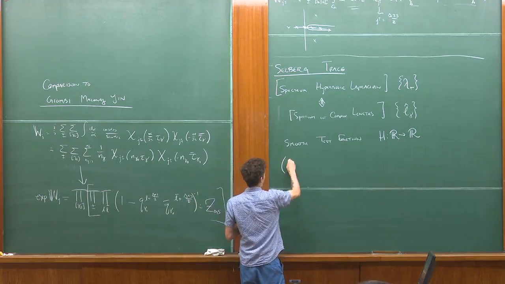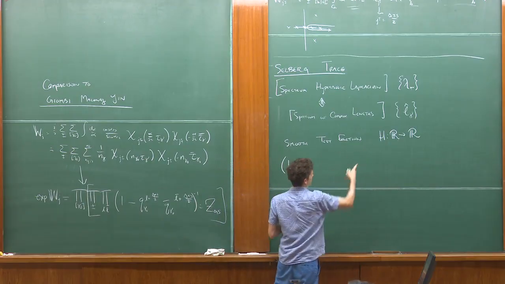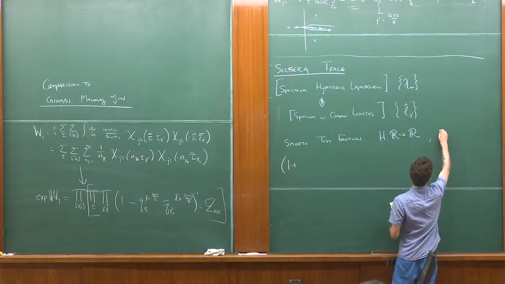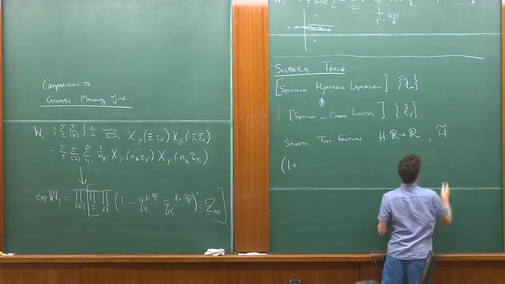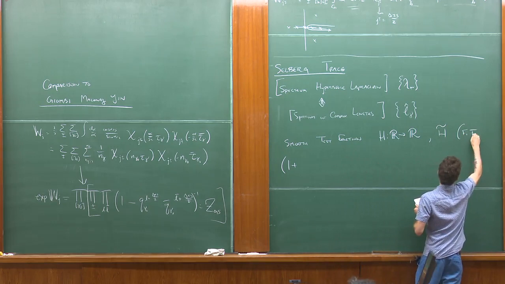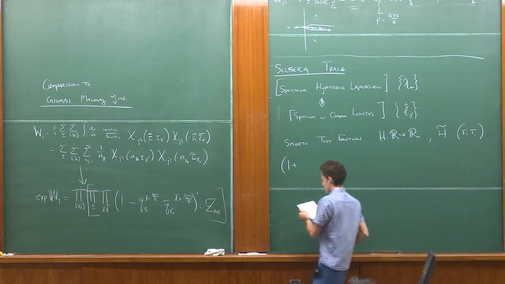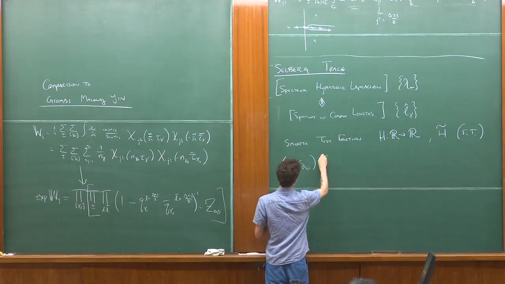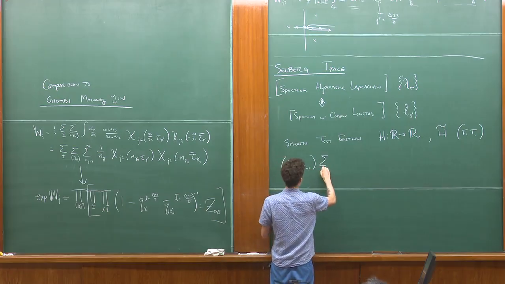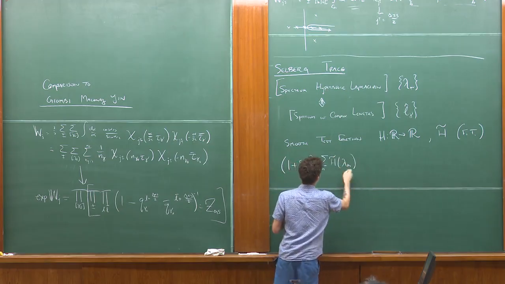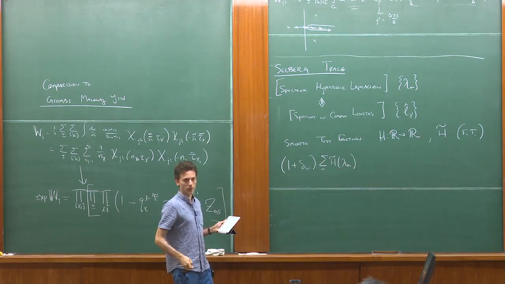the precise statement is that if I have some smooth test function h from R to R, I can also construct its Fourier transform, h tilde, so this is the Fourier transform of h. So we sum over the spectrum of the Laplacian plugged into the Fourier transform of this function.